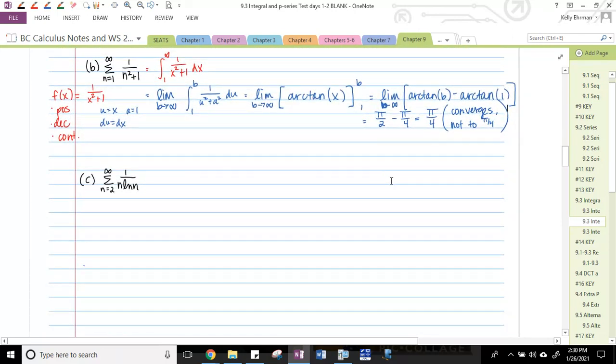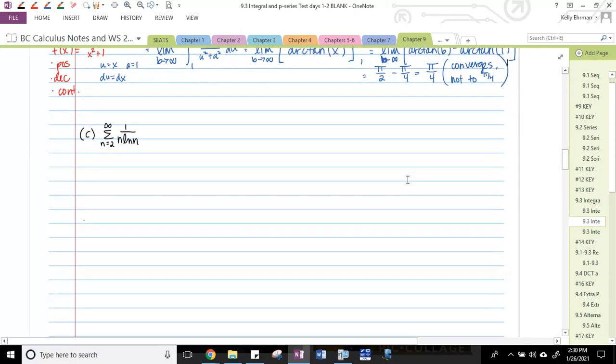All right, what about part C? First of all, this is not geometric. A quick nth term test tells me I get 1 over infinity. So yes, the terms are approaching 0. So this is not diverge right off the bat anyway. My f of x is equal to 1 over x natural log x. And let's see, from 2 to infinity, 1's not in there because natural log of 1 is 0, by the way.